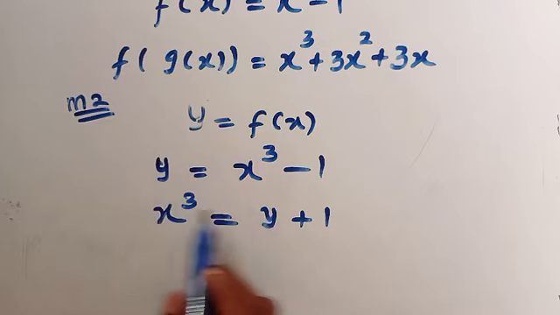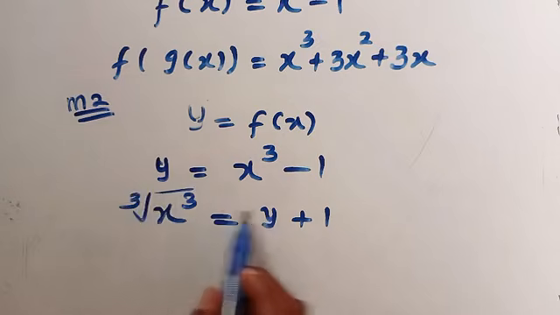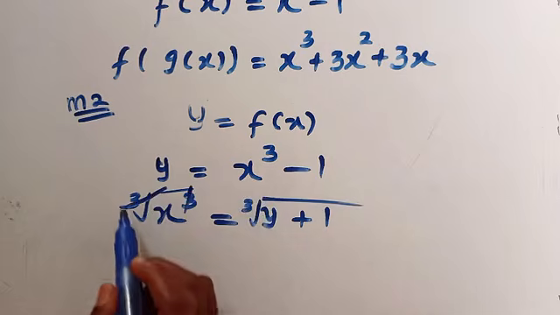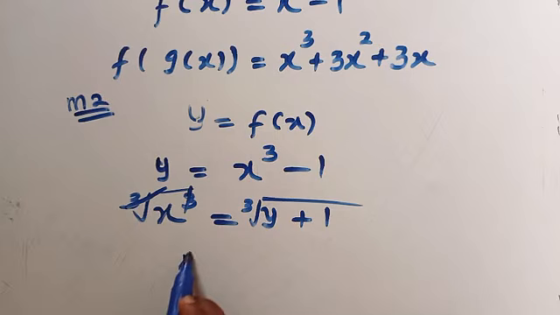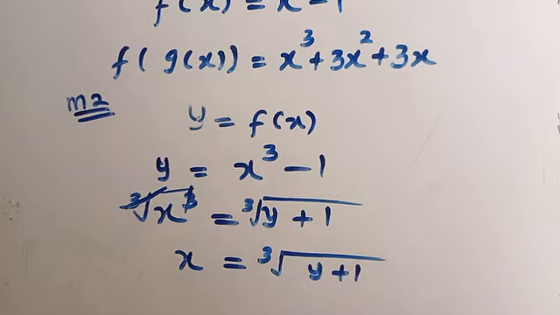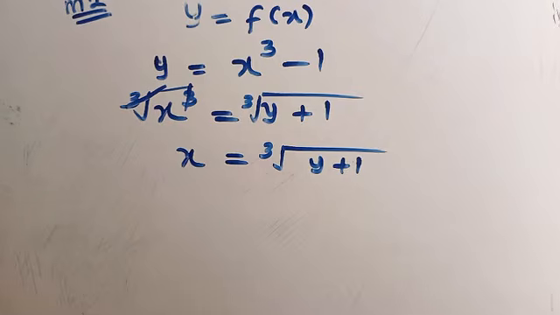And by taking the cube root of both sides, cube and cube root cancel, and we have only x equals the cube root of y plus 1. And next, we are going to find the inverse.